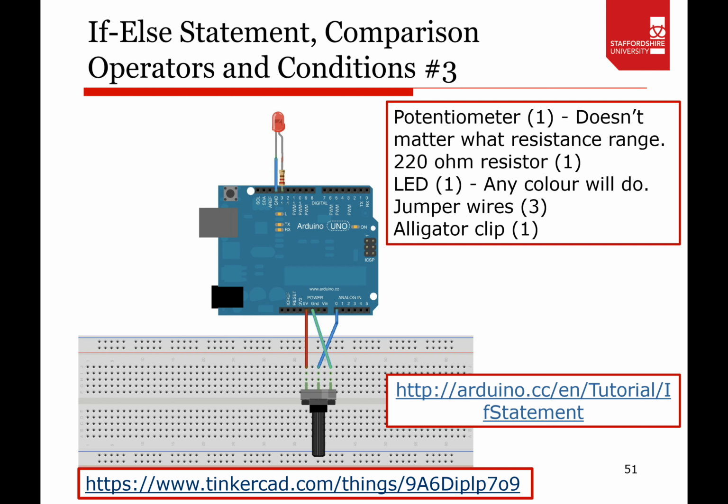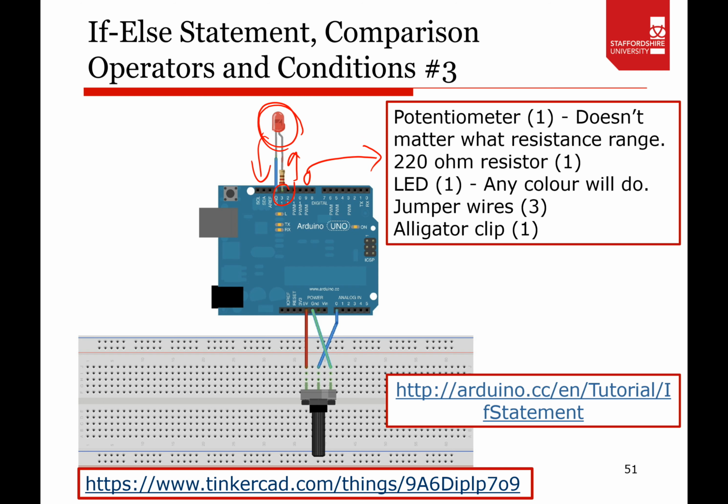So here we have an example in which we have an LED connected to pin 13 with a resistor connected to the pin and then connected to ground, a 220 ohm resistor, sorry.